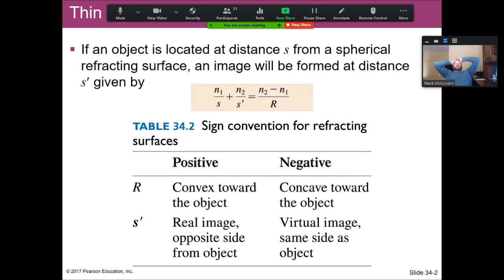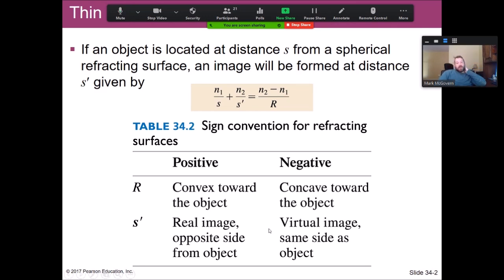Now, this looks a lot like the mirror equation we had last lecture, with one big difference. The indices of refraction play an important role here. It's how we translate between the boundary of the two things.